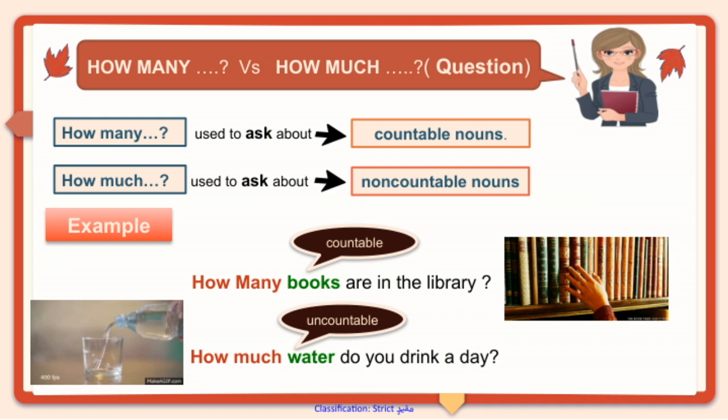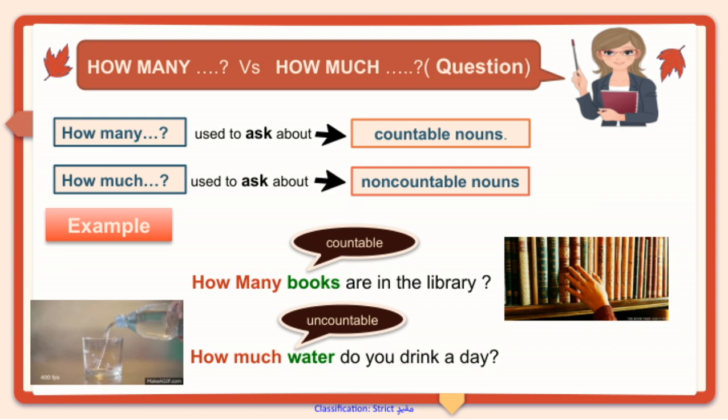It's important to notice the difference. How much is used with uncountable nouns, and how many is used with countable nouns. This is a key point because it helps us ask the right questions depending on the noun type. Now there's also a comparison to keep in mind. How many versus how much.